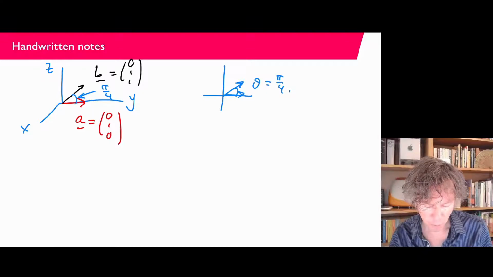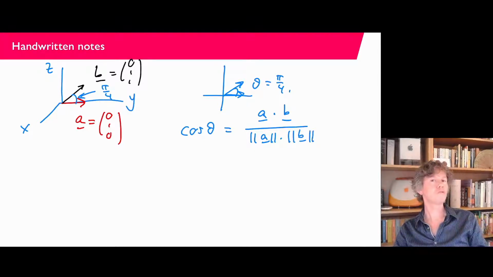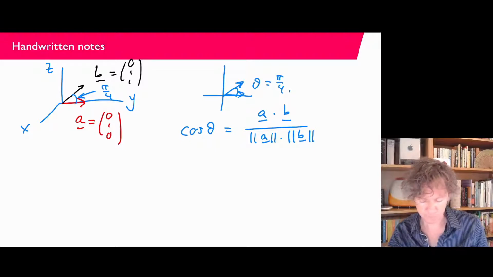The formula from the previous slide was that the cosine of theta equals the dot product A dot B over length A times length B. This should hold for any vectors in space, also for this particular case where I chose the x components to be 0.